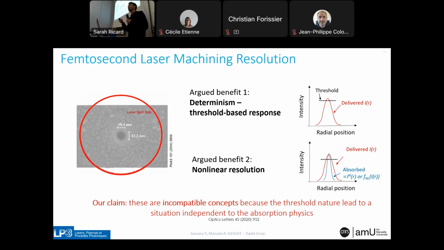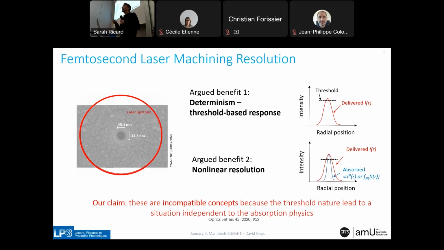And if you absorb the intensity in a nonlinear manner, so again, if you look at the multiphoton process with n photons, it will be intensity to the power n. And you have naturally a narrowing of the absorption profile. This is what is beneficial for microscopy, and people tend to say it's beneficial also for machining.